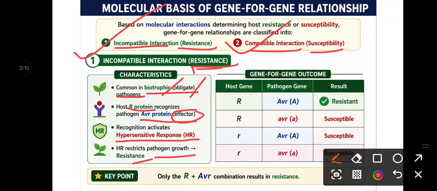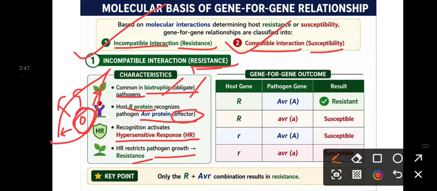See, hypersensitive response means a localized cell death just around the infection court. So if this is a leaf, and at this region a pathogen starts infection, the hypersensitive reaction just means cell death around the point of infection at the local level, so that the pathogen will not be able to move to healthy cells.